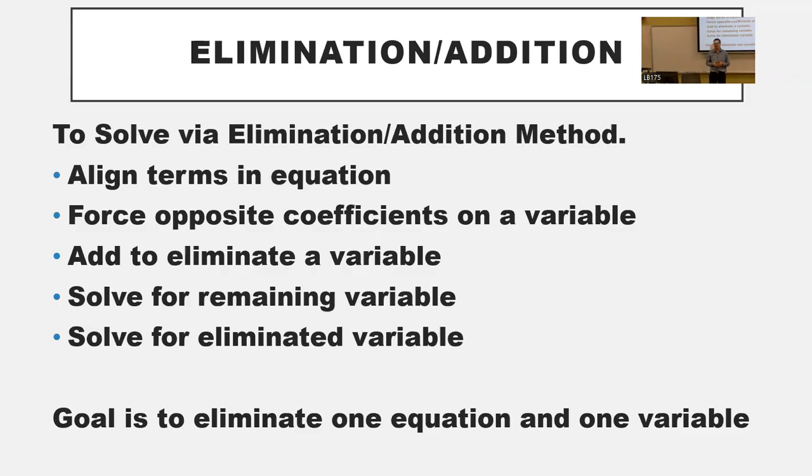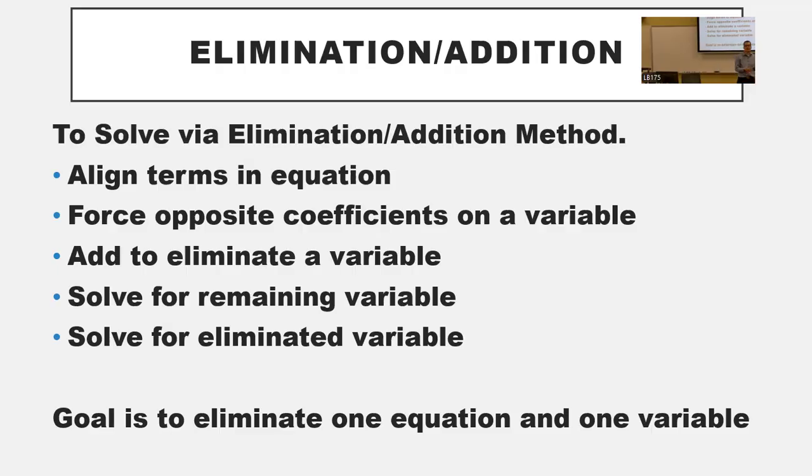So we're going to align the equations. Then we're going to force opposite coefficients on one variable. Then we're going to add the two equations together to eliminate a variable. That's why sometimes people call it the addition method. Sometimes people call it elimination, because you're adding two equations together and that process eliminates a variable.